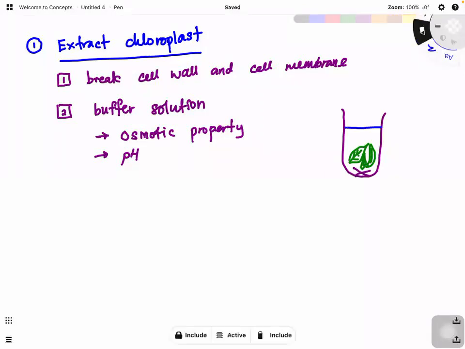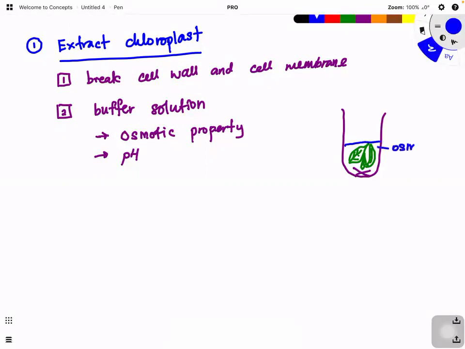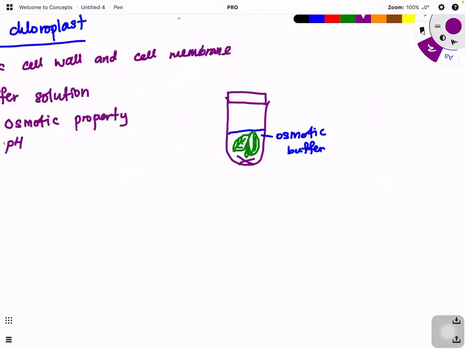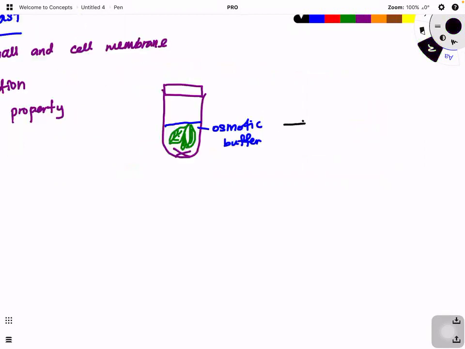You put a certain volume of the osmotic buffer, cover, and then we start to blend it. Are you clear? After we blend it, then we filter.